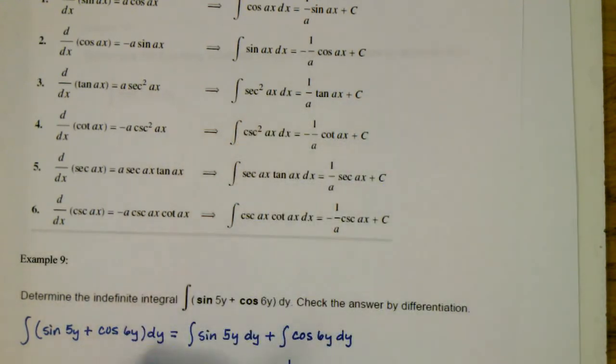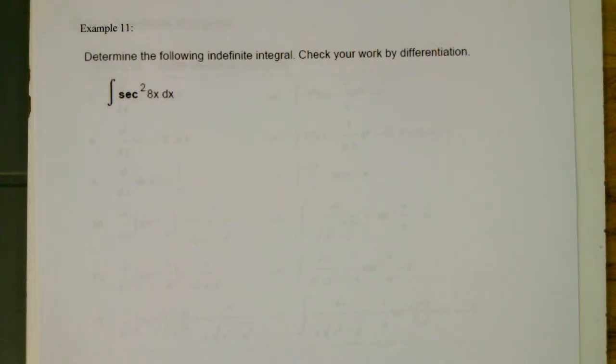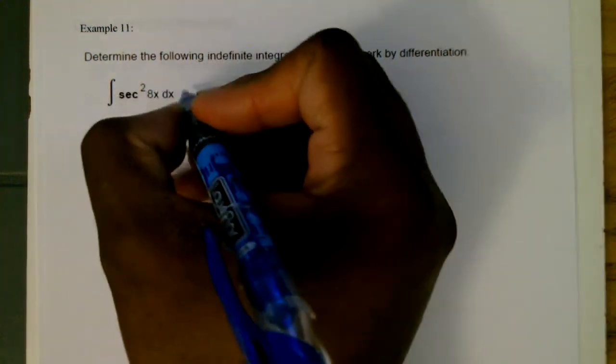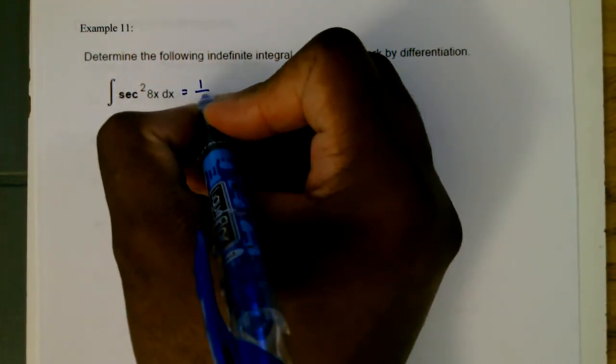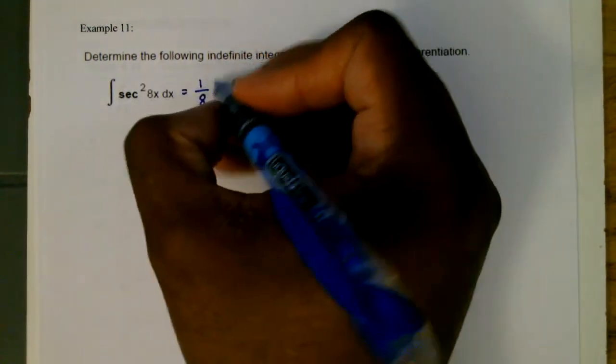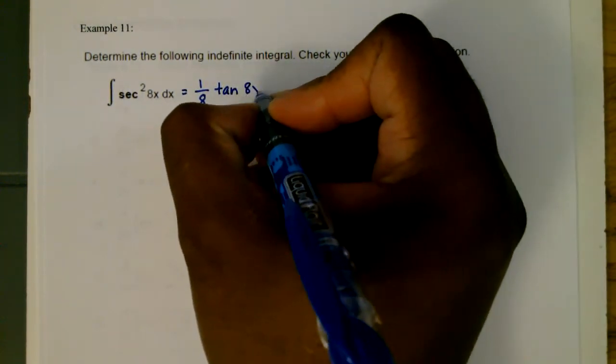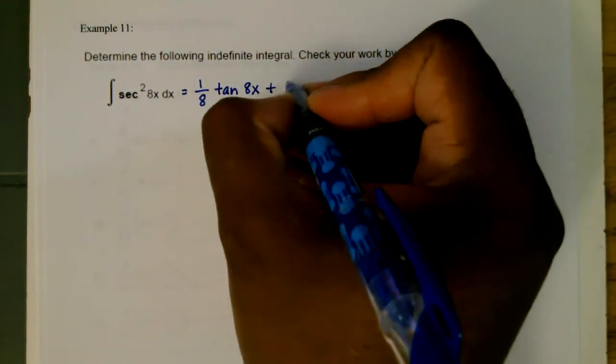That's going to be tangent of x. And I'm going to be using that because I got that 8 in front of the x here. So its integral will be 1 over 8 times the integral of the secant square, which would be tangent of 8x plus c.